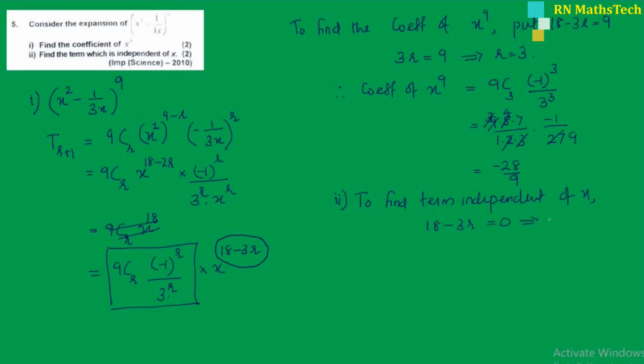Then the value of r is 6. Substitute this value of r = 6. Therefore the term independent of x is 9C6 × (−1)⁶/3⁶. Which is equal to 9C6, that is 9C3, divided by 3⁶, since (−1)⁶ is 1.